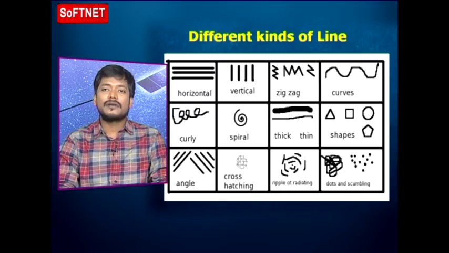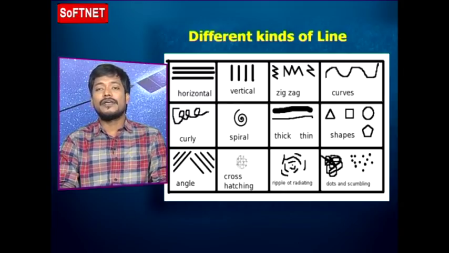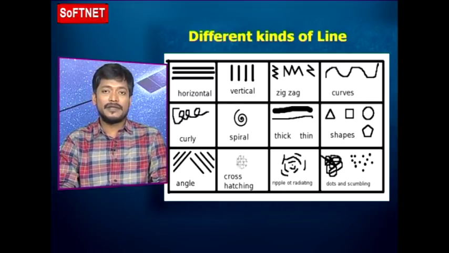Zigzag lines, curved lines, curly lines, spiral. You have thick lines and thin lines, and lines made out of different kinds of materials, pencil line, pen line, brush line, charcoal line, and you can use various other materials, pastel, various other mediums to create lines.